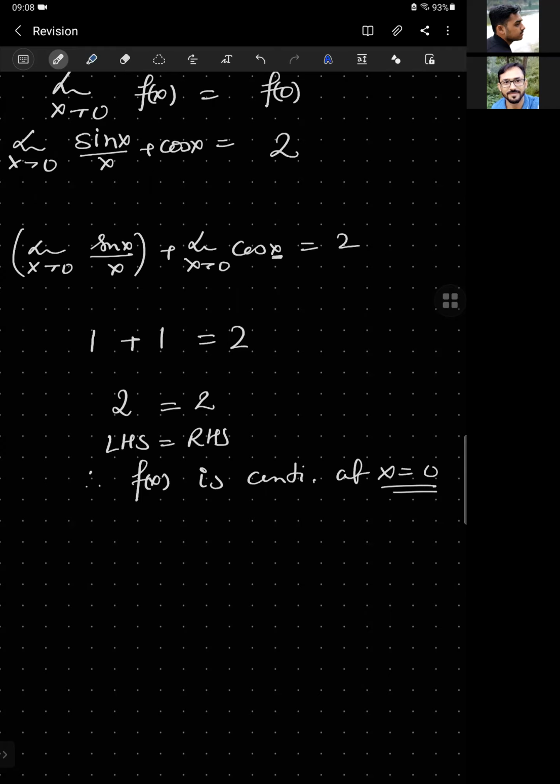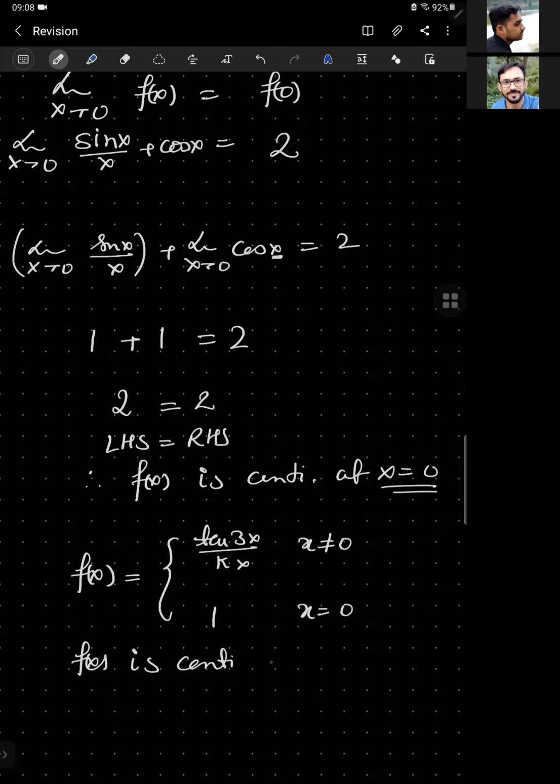Don't think that any tough question I'm going to give you. f(x) equals tan 3x upon kx, x is not equal to 0, and 1 when x equals 0. f(x) is continuous at x equals 0. Find k.